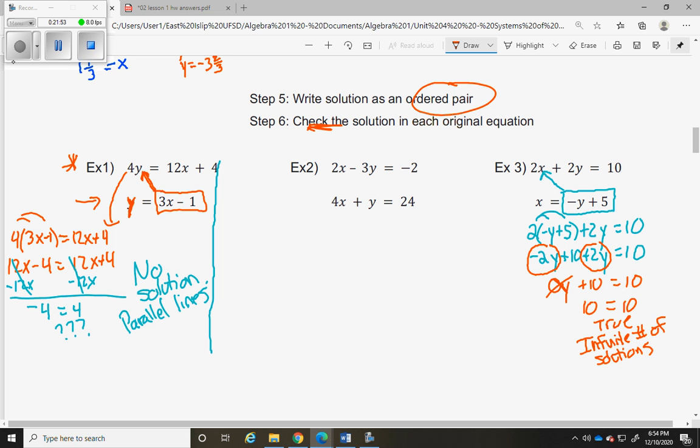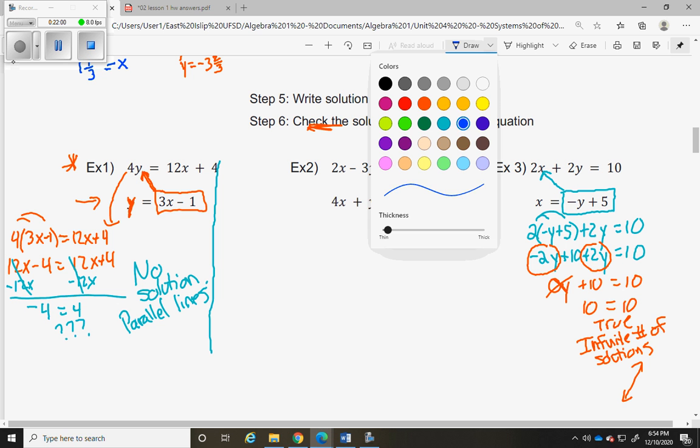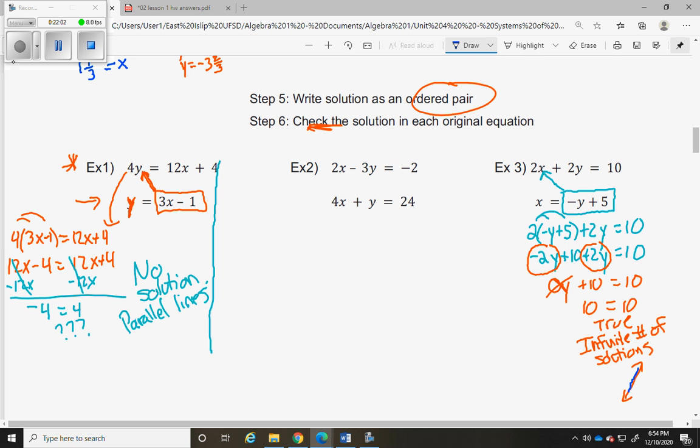It means that I'll have one line that lands right on top of another line. These lines coincide. Remember that fancy word I talked about when we were going over the homework? To coincide means to land on top of each other. They share every single point.